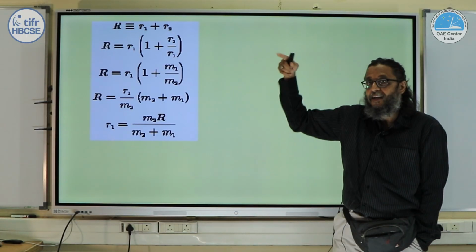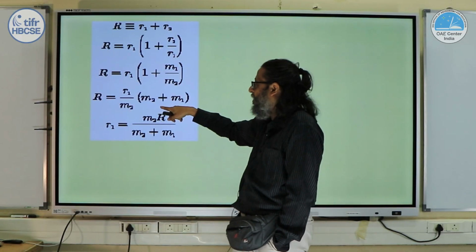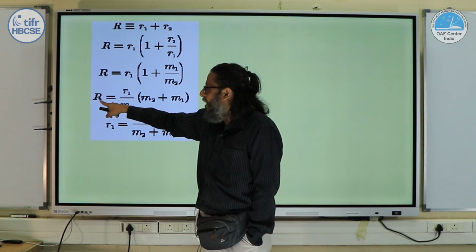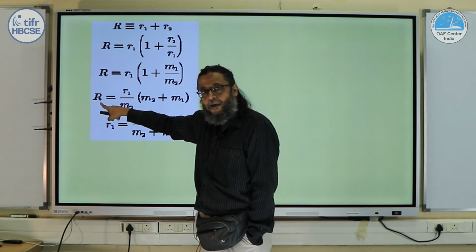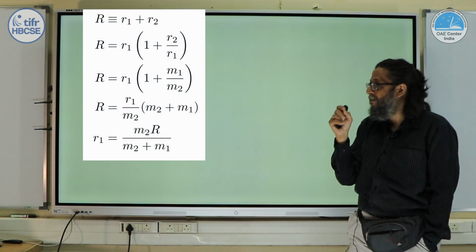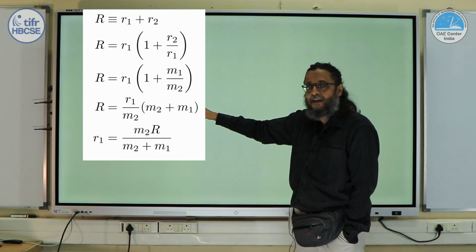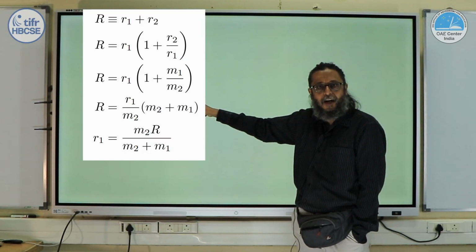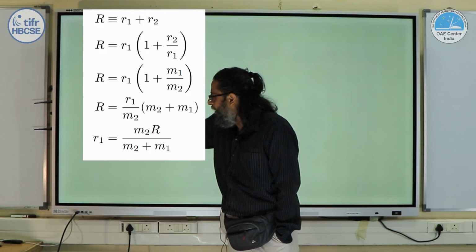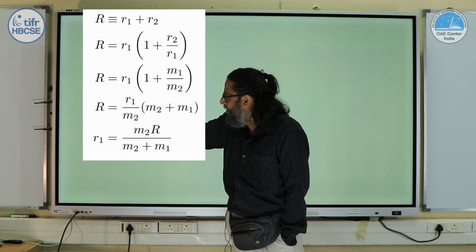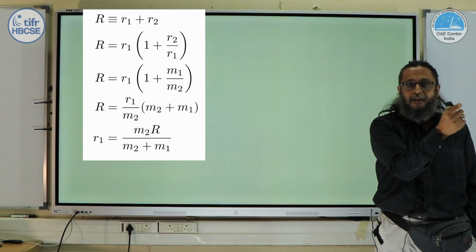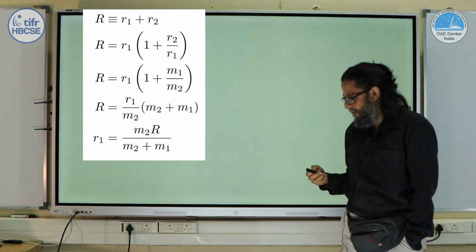So now it is an independent observation of the spectrum that gives you the mass, and hence you can get the value of R1 if you measure the separation. So this is a very crucial step in our understanding of gravitationally bound systems, and from the measurement of R and the masses, I can get the separation of the object from the center of mass.